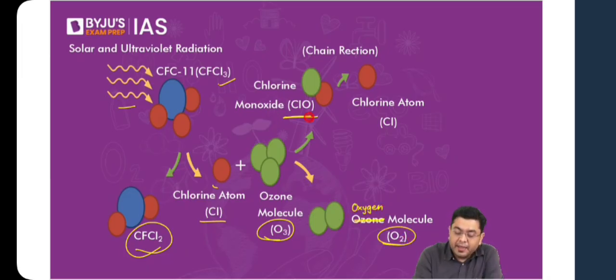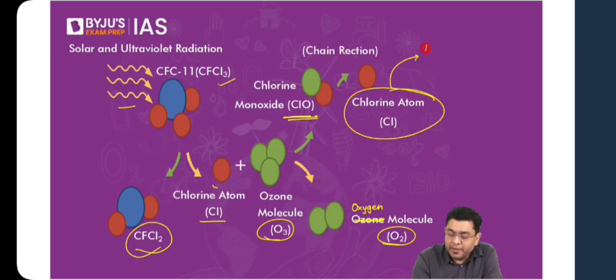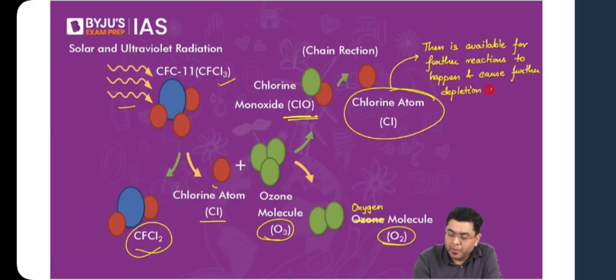And in the meanwhile, the chlorine monoxide, that is again something which interacts with oxygen to produce a free chlorine atom. This then is available for further reactions to happen and cause further depletions as well of the ozone layer.